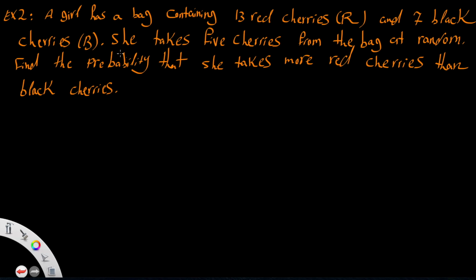Example number 2. A girl has a bag containing 13 red cherries R and 7 black cherries B. She takes 5 cherries from the bag at random. Find the probability that she takes more red cherries than black cherries. So the number of red cherries overall is 13, and black ones are 7.